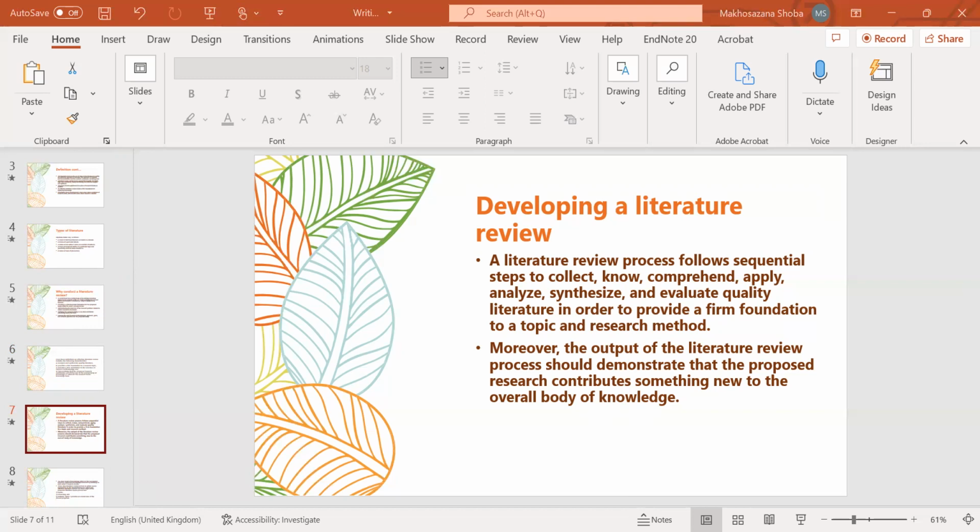In other words, what do you do when you collect? Obviously, it's visiting different sites and search engines and looking for articles. And it's not just looking for articles, it's looking for articles relevant to your phenomenon.